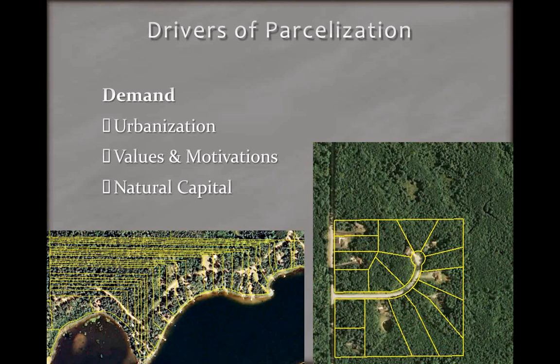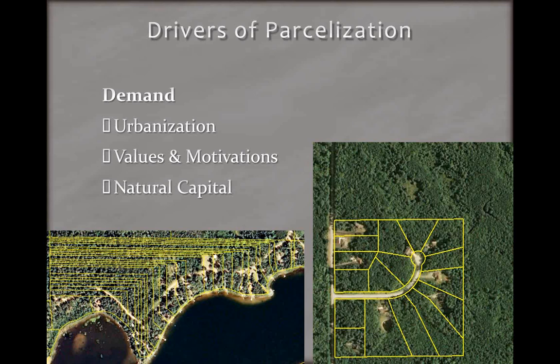And then the third thing here is natural capital. What I mean by natural capital is the amenities themselves. Lakes are a very strong driver. If you look at the bottom picture there, they're such a strong driver that people are willing to create lots like that just to be on the waterfront and to have access to that.